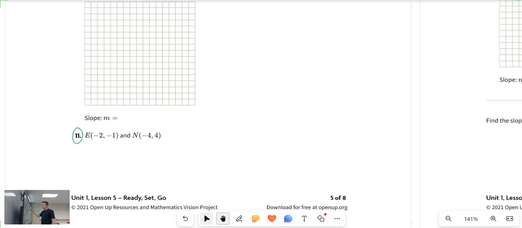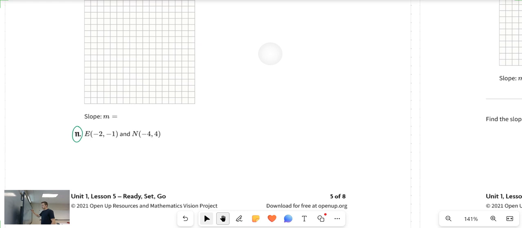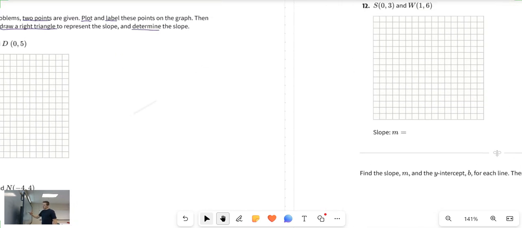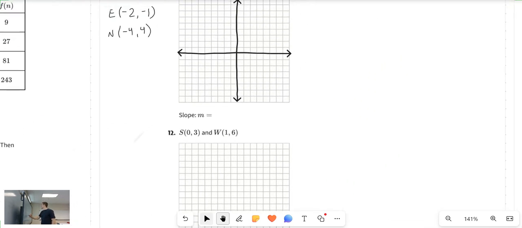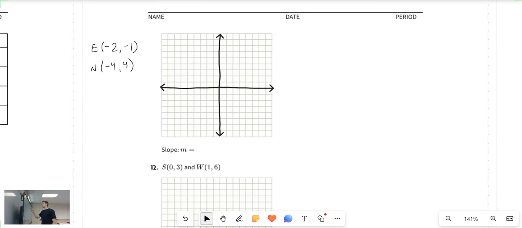And number 11, our points are E and N. But the graph that it gave us is up here. So I've copied over. E is -2, -1, and N is -2, 4. So let's use each box being just one, like normal. So let's put E on here first.